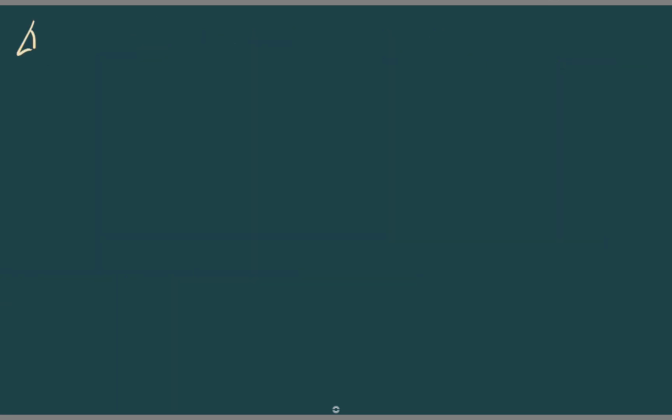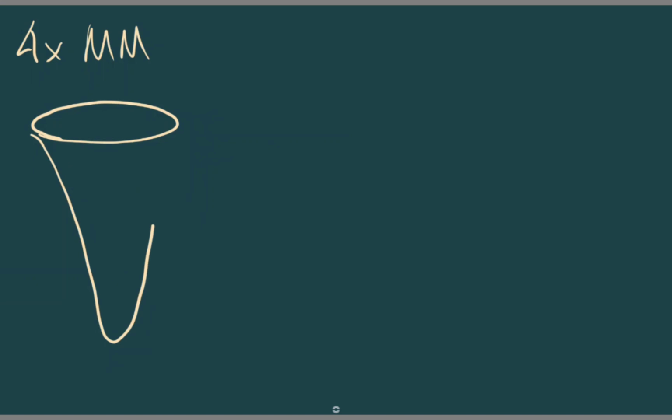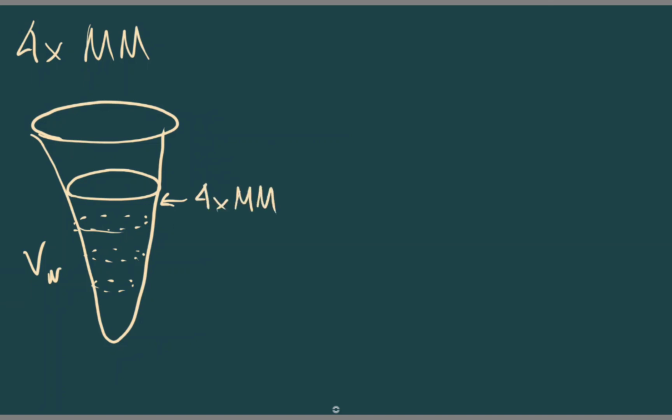If we have 4x master mix, the same logic applies. You need to divide this working volume by 4, and one part of it will be your 4x master mix, and 3 parts will be your DNA.